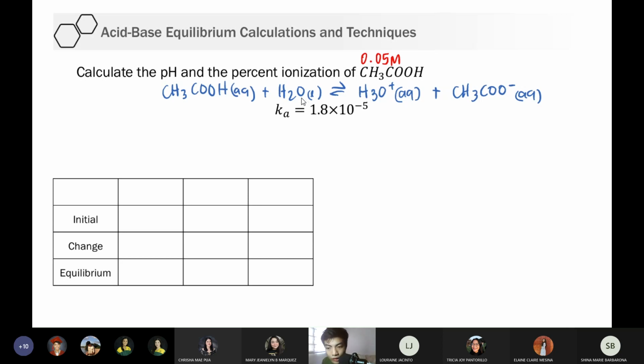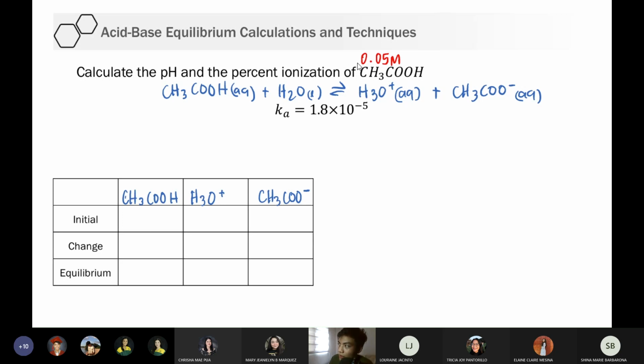Always yung water liquid yon, so hindi mo siya ilalagay talaga. So, lagay natin yung species natin sa ice table. Okay, so yan. Then, plug in mo yung mga info, complete mo yung ice table.